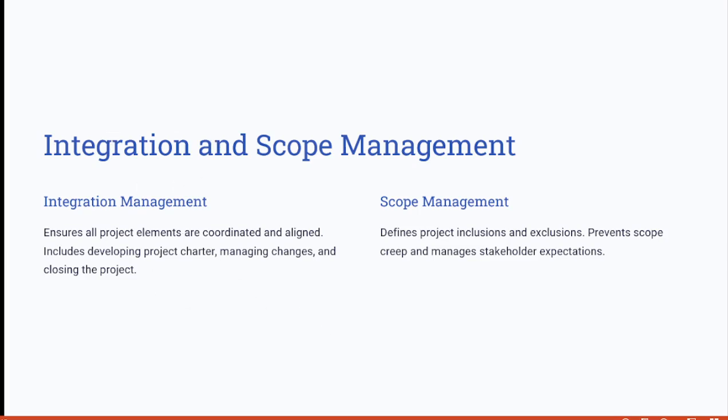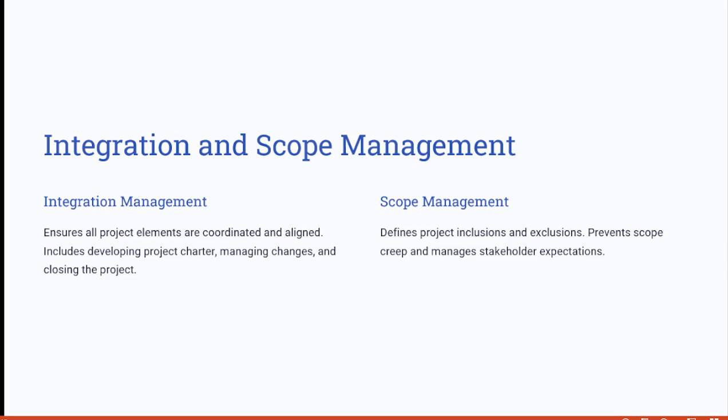To take an example of project integration and scope management, project integration management ensures that all of the project elements are coordinated and aligned together. On the other hand, project scope management defines what is included and what is excluded in the project.